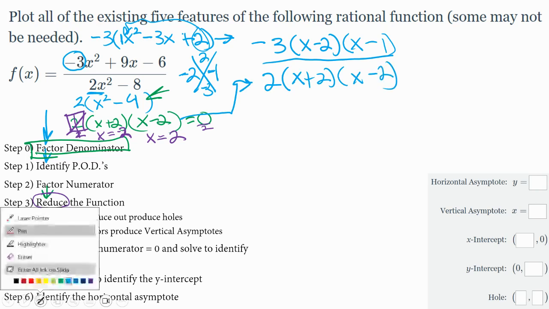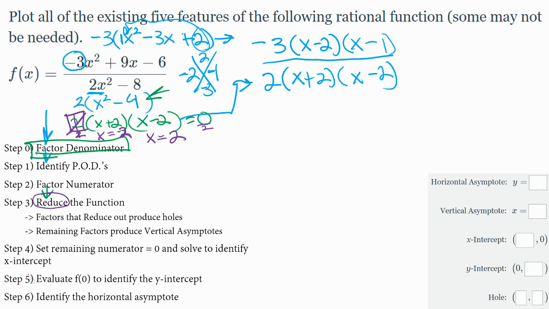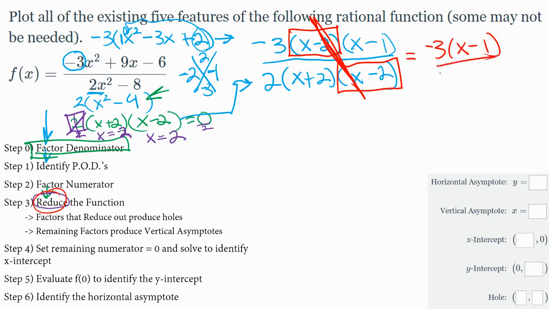So now that I factored the numerator, I can do my next step, which is to reduce the function, this x minus 2 binomial and this x minus 2 binomial in the denominator. They reduce vertically. So that's kind of a slanted one. It's a big 1. It's just kind of tilted. And the function reduces to be negative 3 times x minus 1 over 2 times x plus 2.